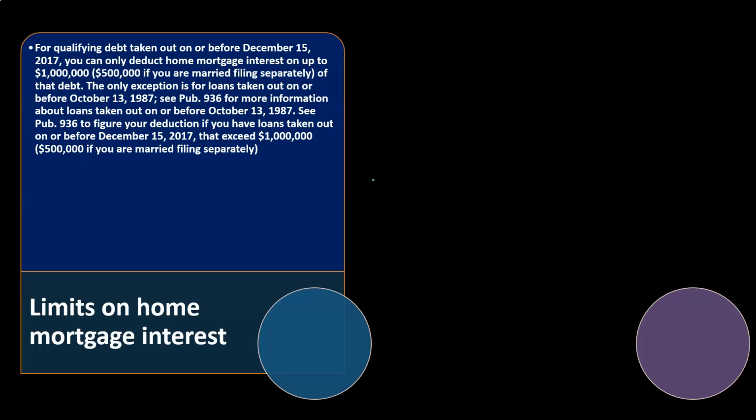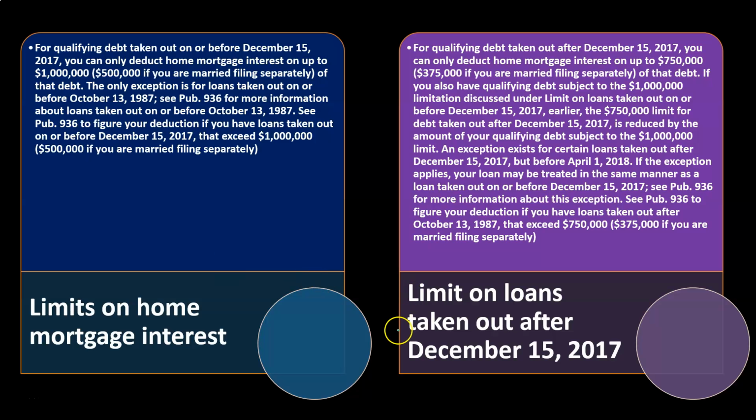So, limits on home mortgage interest. Now we're going to have limitations like a cap type of limit. For qualifying debt taken out on or before December 15, 2017, you can only deduct home mortgage interest on up to $1 million, or $500,000 if you are married filing separately, of that debt. And then we have the limit on loans taken out after December 15, 2017.